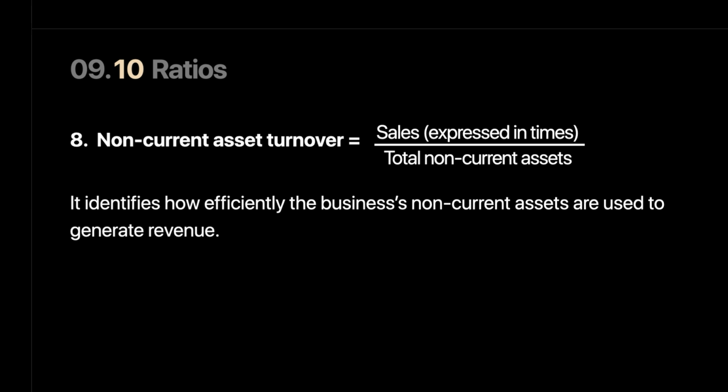So if I give some numbers, let's say there's a firm, you've invested $100,000 in the non-current assets and it's able to generate sales of $300,000. What does that mean? It means that your non-current asset turnover should be 3 times.